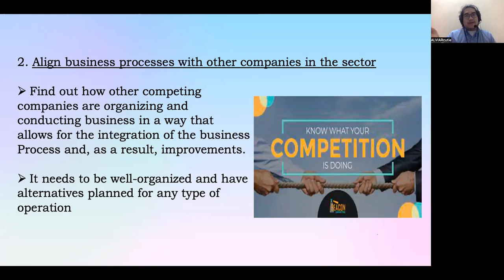'Pag gagawa ng drama na bata ang bida sa ABS-CBN, gagawa din ang GMA na bata ang bida. Pero alam natin ang quality, mas maganda ang quality ng ABS-CBN, gano'n lang 'yon. So it needs to be well organized and have alternatives planned for any type of operation. So ang alternative type, pag hindi maganda ang quality, cut the series, change, ganon. That is the aligned business processes with other companies.